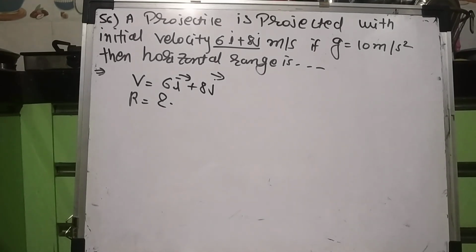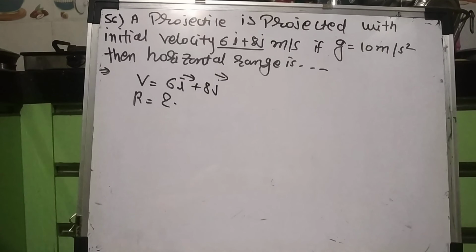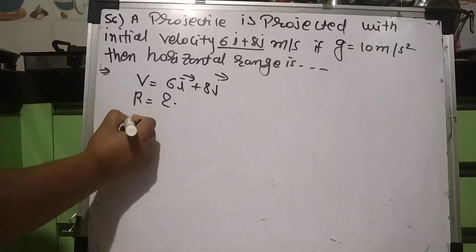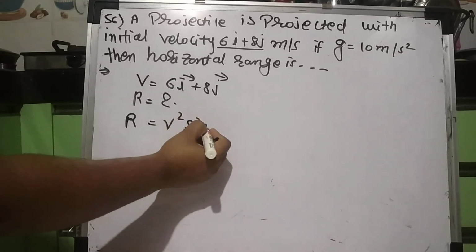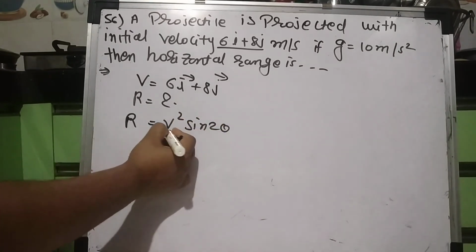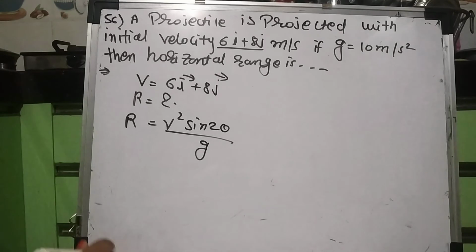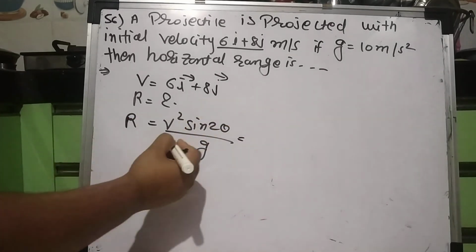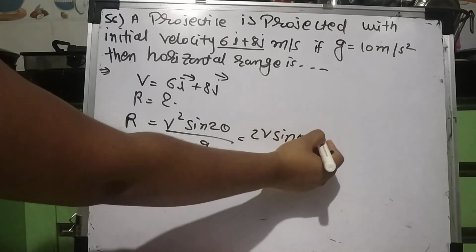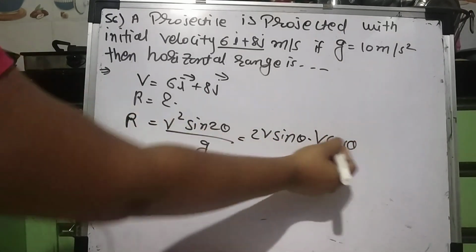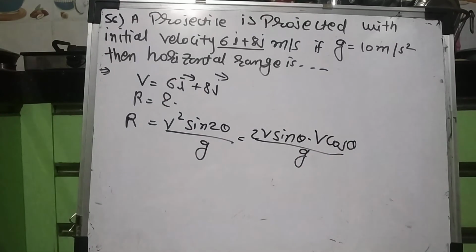The formula for the horizontal range is R is equal to v square sine 2 theta divided by g. That means this formula can be written as 2v sine theta into v cos theta divided by g.